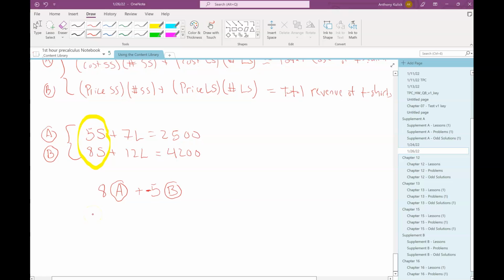So when I do multiply the first equation by 8, 8 times 5 is 40. 8 times 7 is 56. 8 times 2,500 is 20,000. Negative 5 times 8 is negative 40. Negative 5 times 12 is negative 60, and negative 5 times 4,200 is negative 21,000.